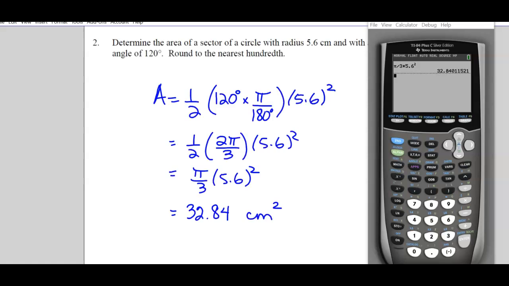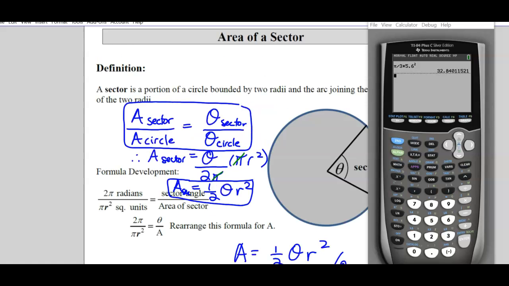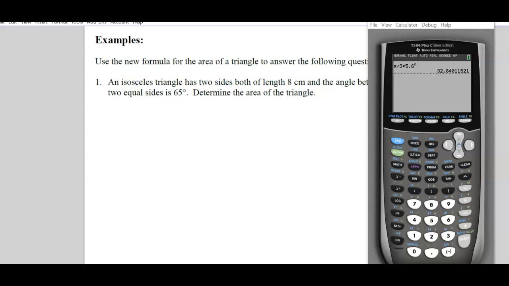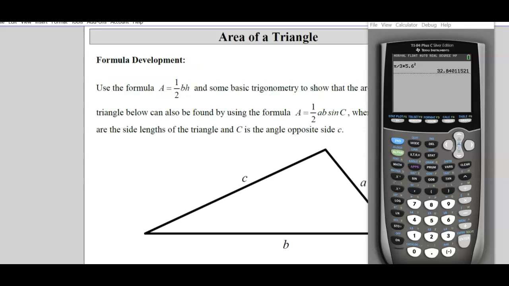So that is area of a sector. There's some practice there. Now let's look at area of a triangle.